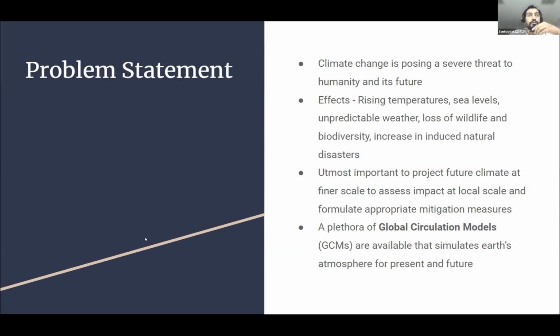So in order to do that, several agencies across the globe have come up with the global circulation model that simulates the Earth's atmosphere and projects in the future how the climate is likely to be, based on several scenarios of the increase in the carbon dioxide concentration in the atmosphere.